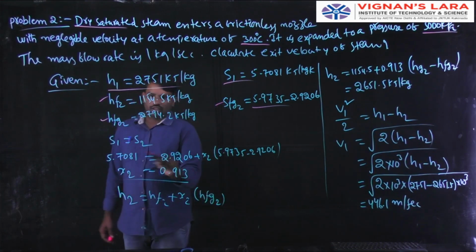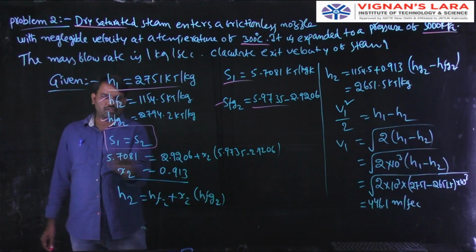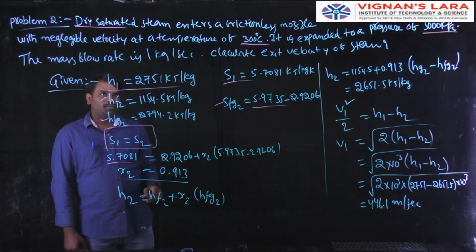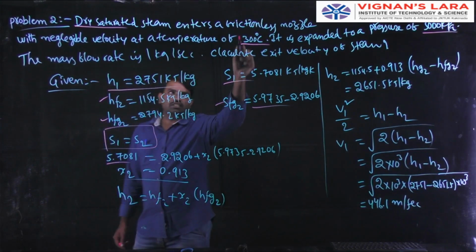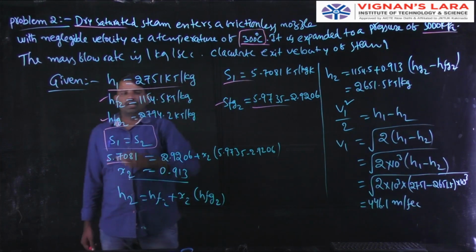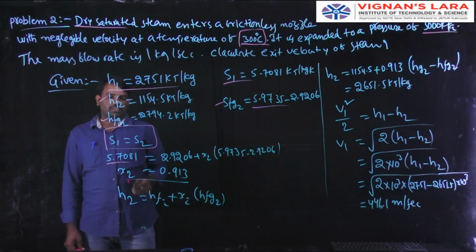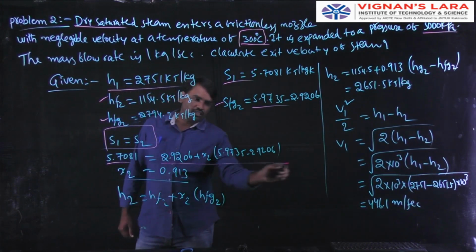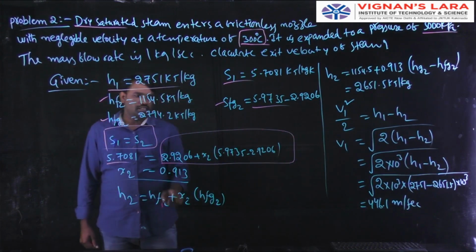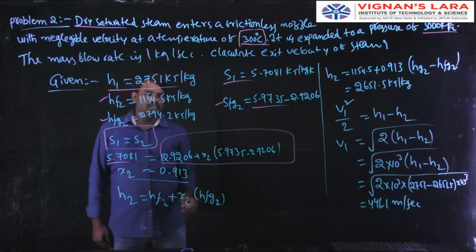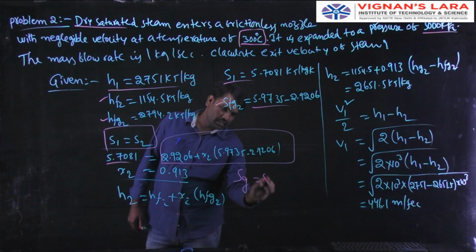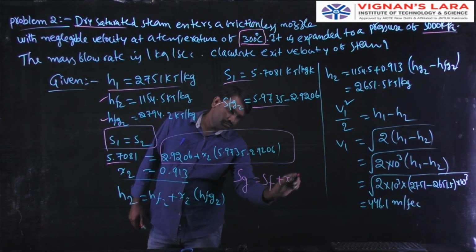We know the adiabatic condition, that is S1 is equal to S2. The S1 value you can take from the given saturation temperature of 300 degrees centigrade. The S2 value is a combination of SF plus X2 into SFG2. We have one relation, SG is equal to SF plus X into SFG.